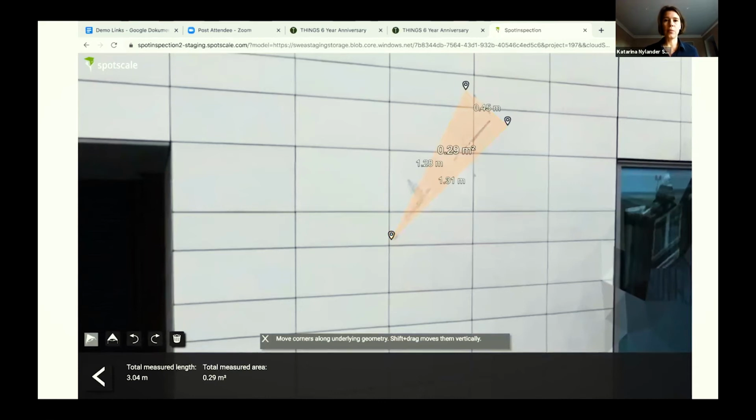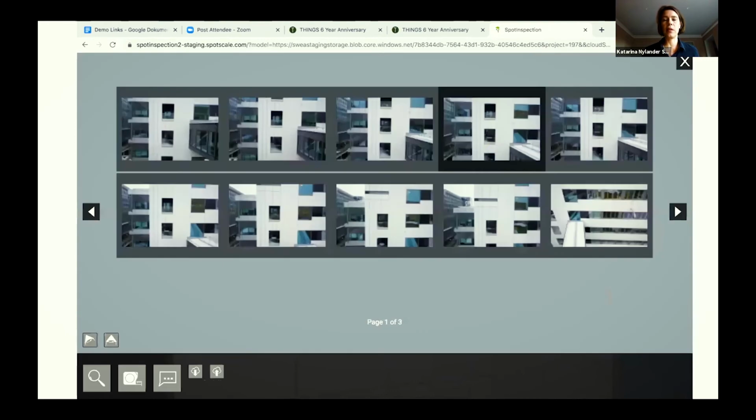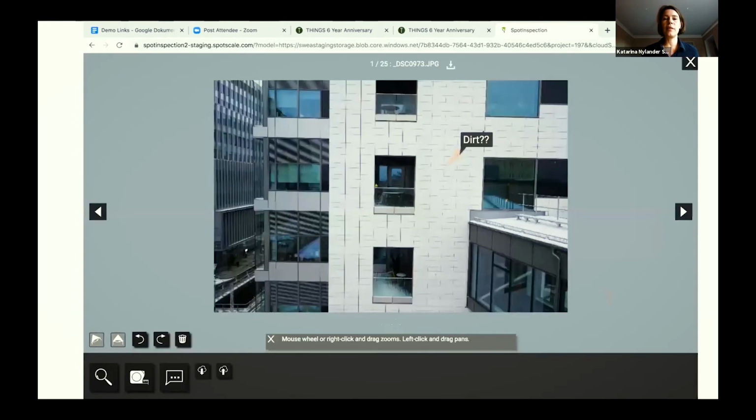And since the 3D model is made up of all those images, we can always go back and look at the original images, and our measurements and notes are all connected in 3D space, so we know where we are on the building. There are thousands of images just of this facade, so this is a nice way to organize them. Anyone can just zoom in, spin around, look at the images.